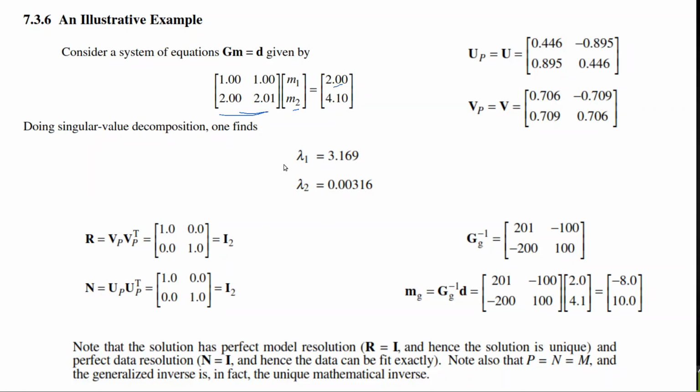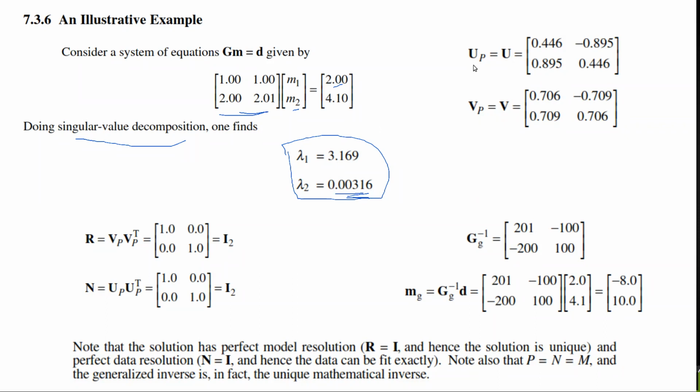Then once we do all the G transpose G and all the analysis, singular value decomposition finds these two singular values. I'm running out of time, so I'll just note this singular value. It's very small, such that when you find the reciprocal, it's going to cause a huge amount of trouble. Anyway, let's go on.